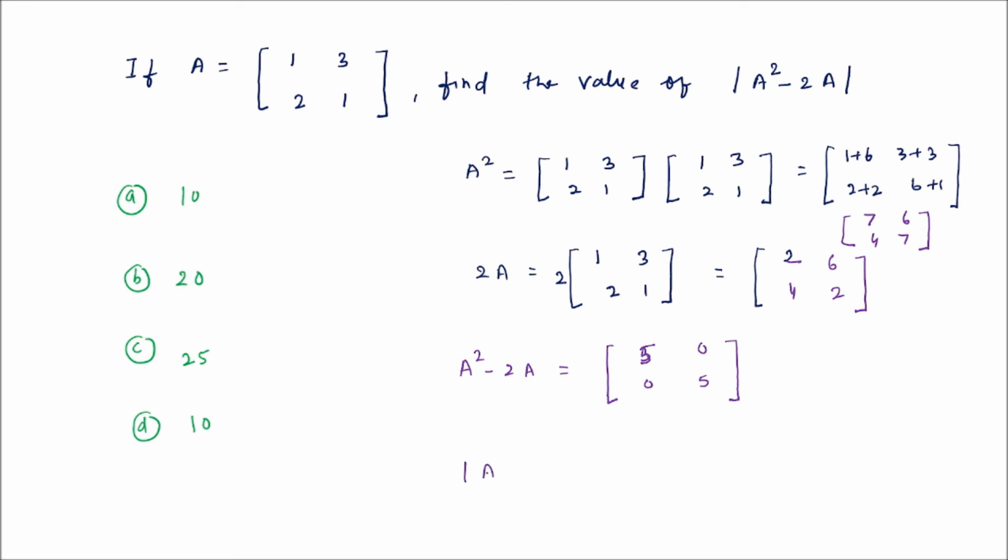So determinant of A square minus 2A is equal to determinant of 5, 0, 0, 5. It is 25 minus 0, which is 25.